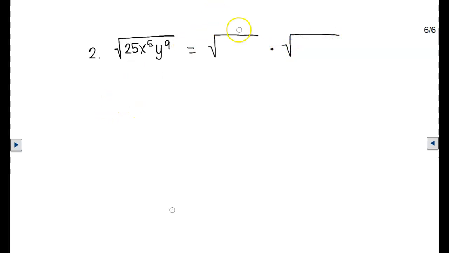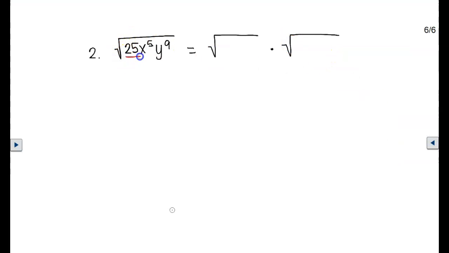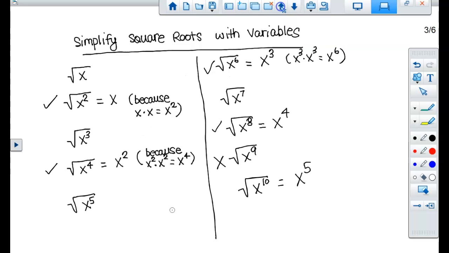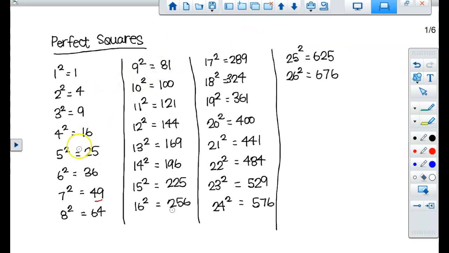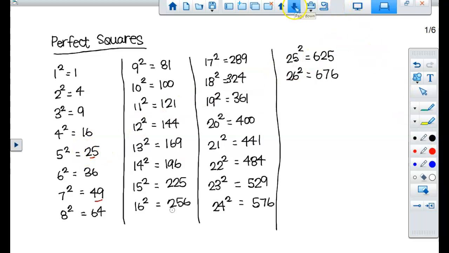And when we factor it, we're going to put perfect squares in our first square root and non-perfect squares in our second square root. So we'll start out with our coefficient, which is 25. Now, if I go back and look at my perfect squares list, what I'll notice is 25 is in there. So it is already a perfect square. It is good to go.